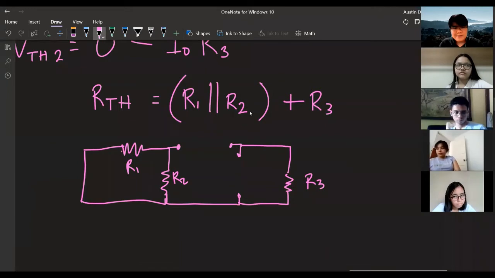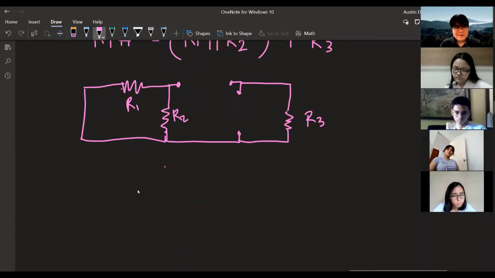Kuha, bakit ganito? Okay, ito madali lang, gets naman ito. Na R1 and R2 is parallel, kasi magkadikit yung ulo nila, magkadikit yung puwet nila. Okay. So, kapag pinagsama mo na yun, magiging ganito na siya.